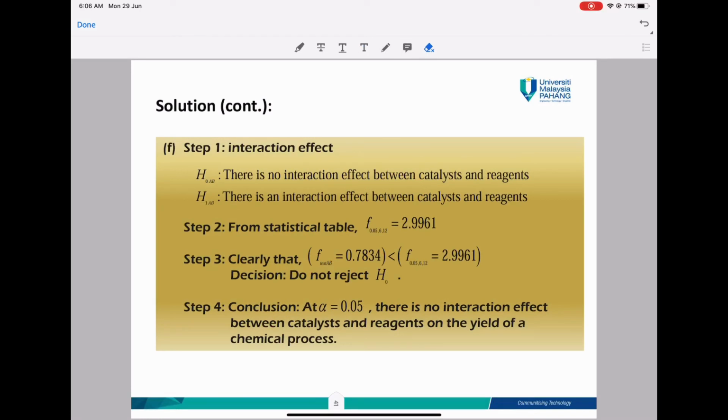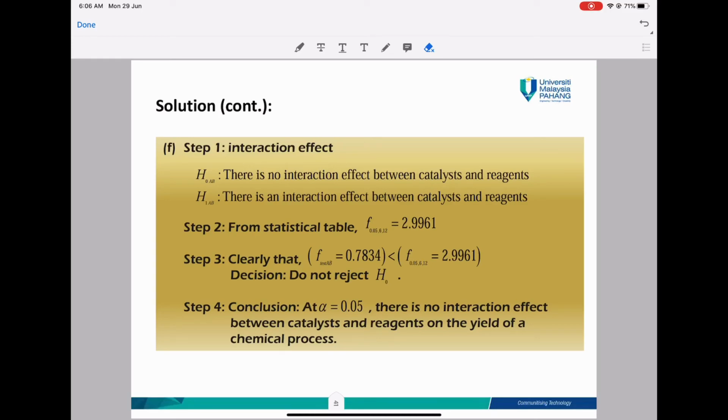Next one, to answer question F, the first hypothesis test we want to have is for interaction effect. So your H0 is there is no interaction effect between catalyst and reagents. H1 is there is an interaction effect between catalyst and reagents.